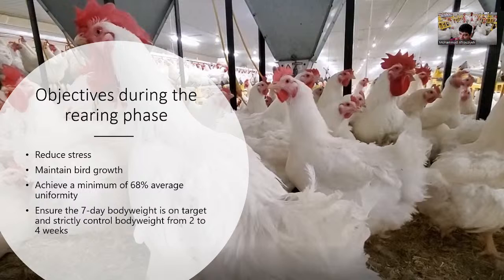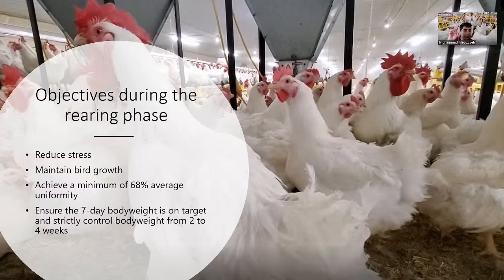And also this 7-day body weight, we are not just talking about broiler breeders. For broilers, again, this is really important. You need to manage your birds during the first week very well by using pre-starter diet, super pre-starter diet, by controlling the environmental conditions, by controlling FLAWS.